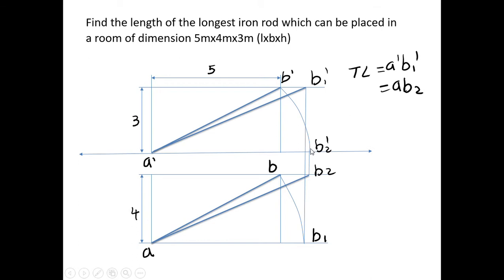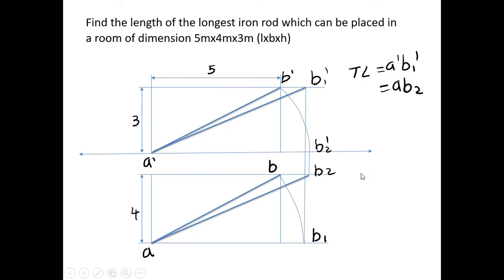Now drop that to the locus of B, you get the point B2. Draw that line, that is AB2, and you get the true length of that line.